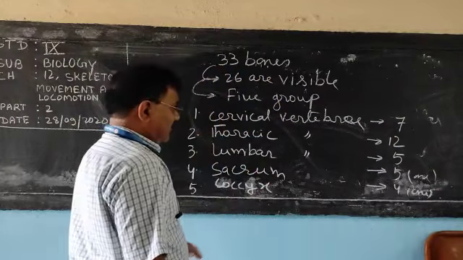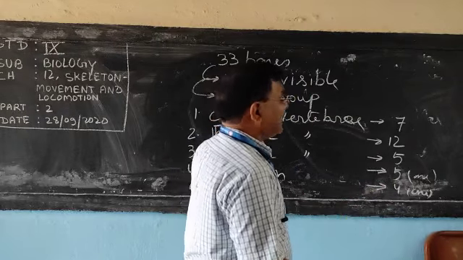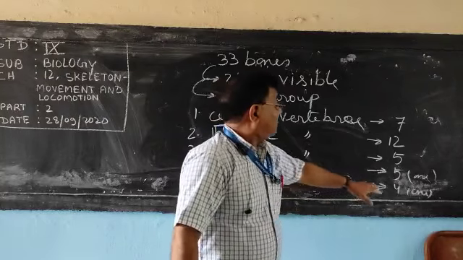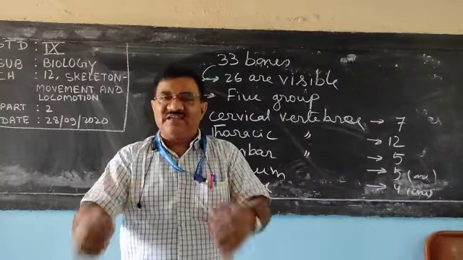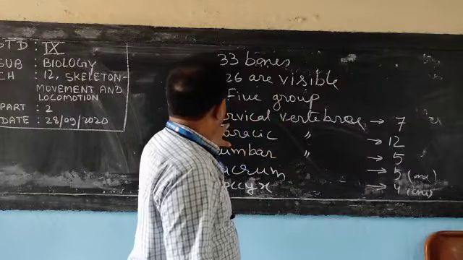Once more, try to understand. These 5 bones of the sacrum fuse to form 1 bone, and these 4 bones of the coccyx fuse to form 1 bone.